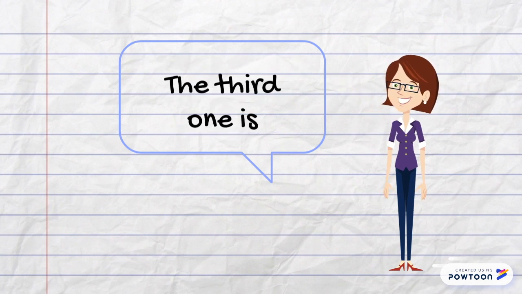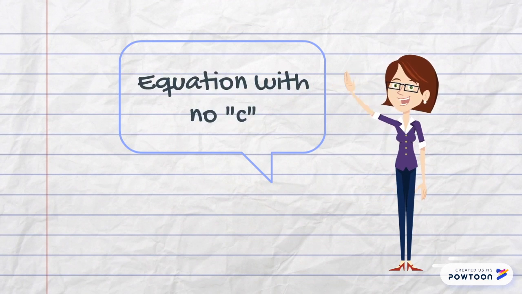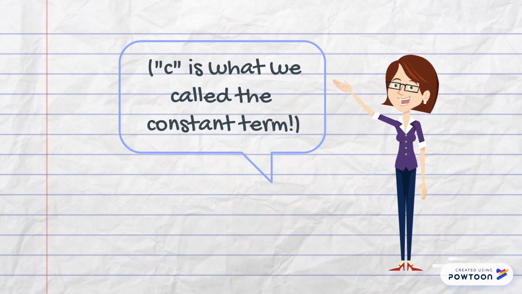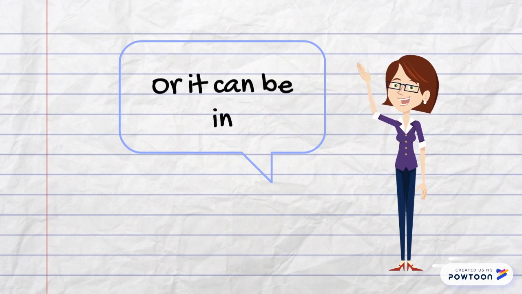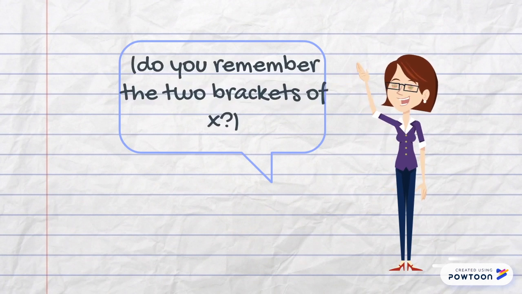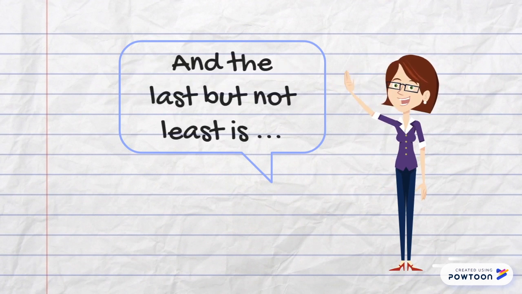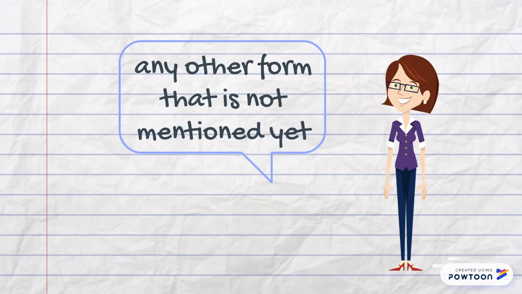The third one is the equation with no c. c is what we call the constant term, or it can be in factor form. Do you remember the two brackets of x? And last but not least is any other form that is not mentioned yet.